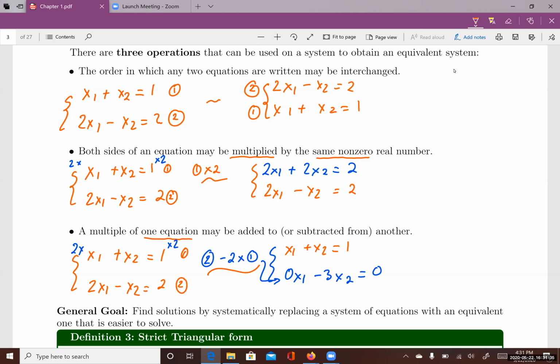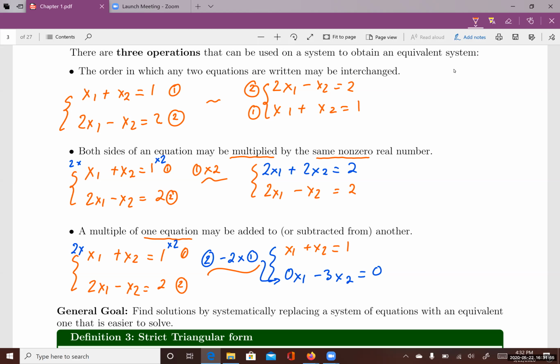Again, I obtain an equivalent system to the original system by applying the third operation: you multiply an equation by a non-zero constant, and you subtract or add that equation to or from another one.